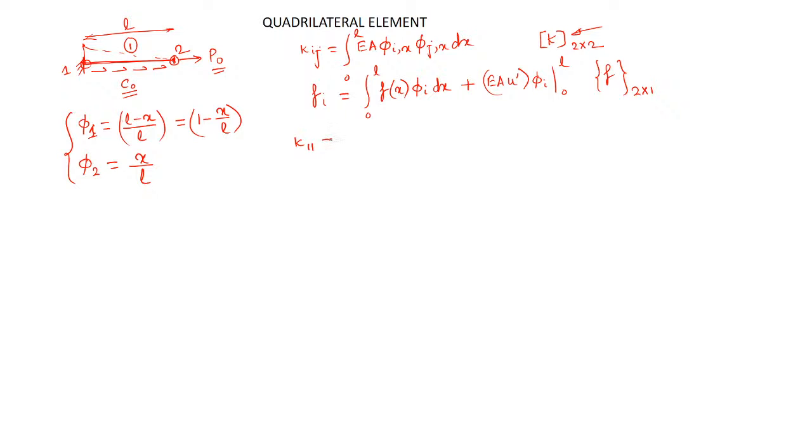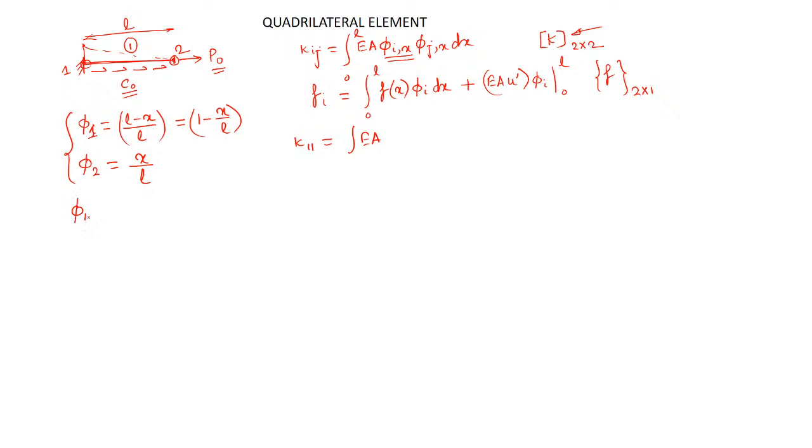So what is K11? We'll just replace I with 1 and J with 1. So in that case, we'll just write EA phi I comma x. As you know, this is basically d phi I dx. So what is d phi I dx?